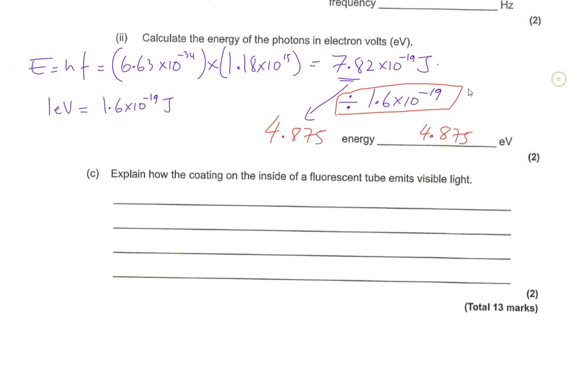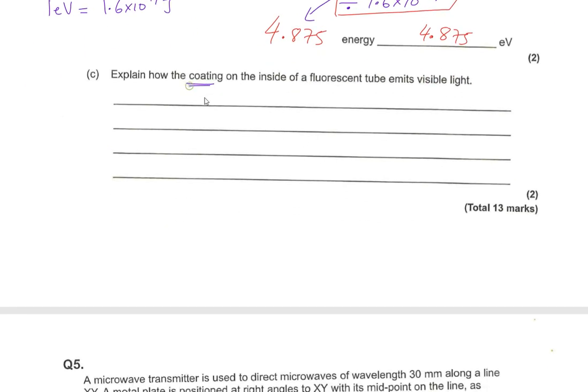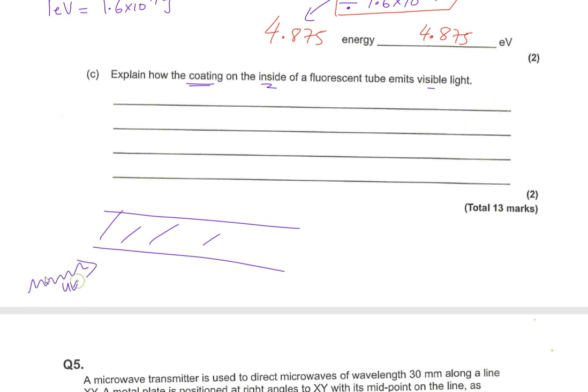Okay, good. Now, how the coating inside emits visible light. In this case, we've got the coating here. When the UV is emitted from the atoms, the UV would be absorbed. The ultraviolet light gets absorbed by the coating.